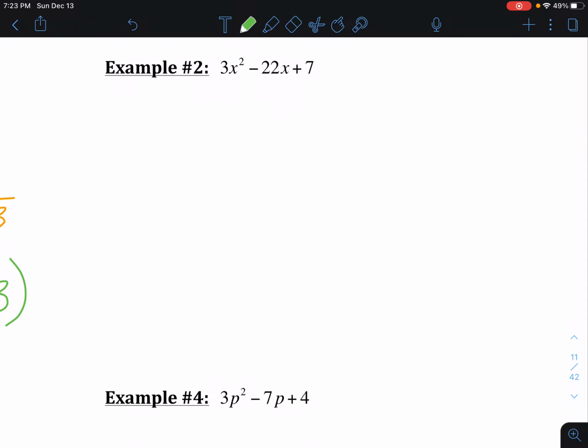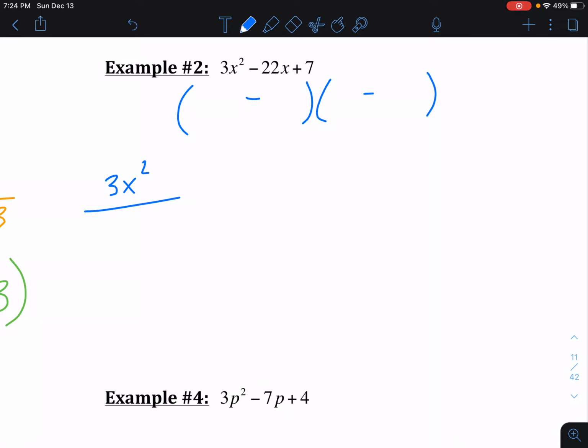Now, this guy, go to your parentheses, your signs. Look at the C term first, it's a plus. And the B is a minus, so that means they're minus, minus. And now I'm going to worry about what numbers are going to go in. So if I look at my A term first, I have 3x squared.